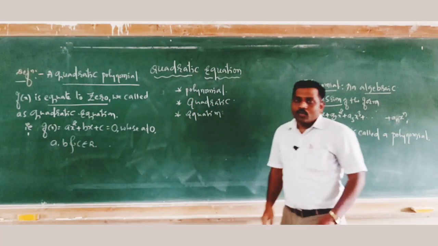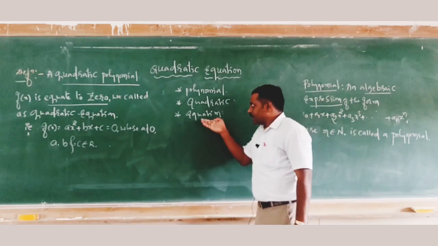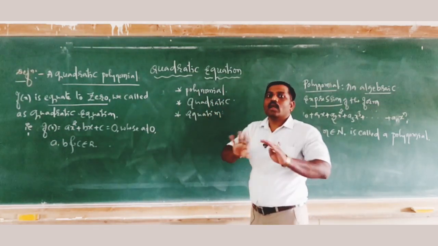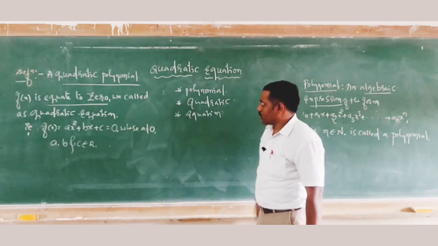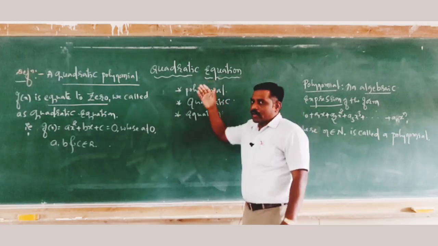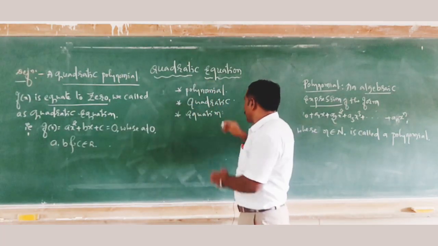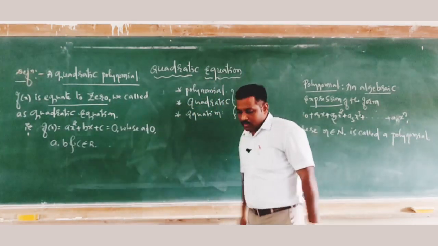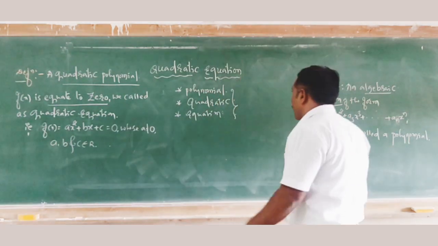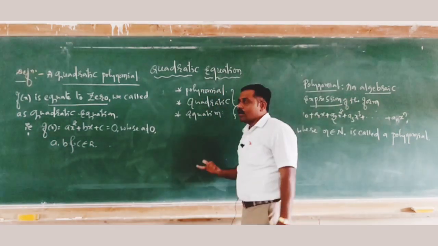We have to understand these three concepts, then the definition will be clarified. So what about the quadratic equation? These three concepts are very important for understanding it. Okay, so what about polynomial?